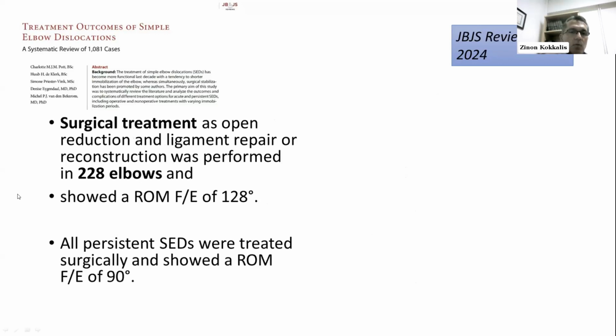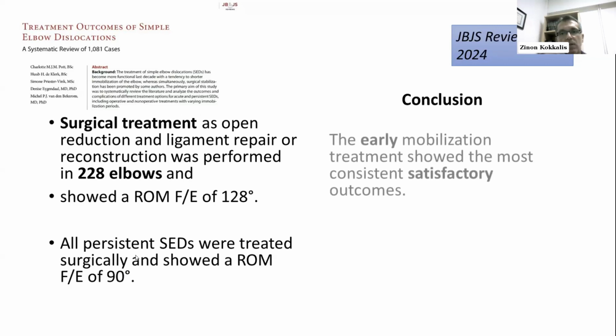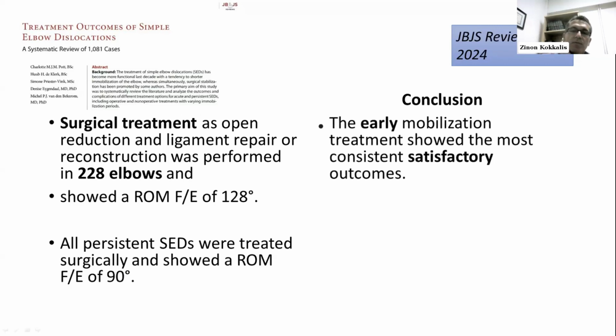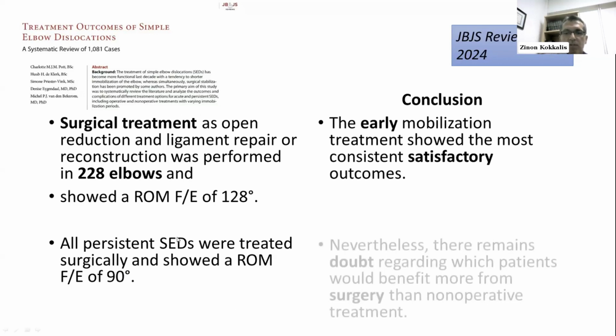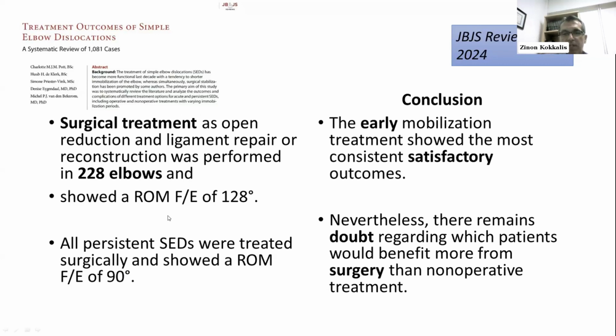And surgical treatment was done in 222 elbows, and showed a range of motion, flexion extension, of 20 to 28 degrees. All procedures for simple elbow dislocation that were treated surgically showed a range of motion of 90 degrees. And these authors concluded from this study that the early mobilization treatment showed the most satisfactory outcomes, and they have doubt about the surgery.